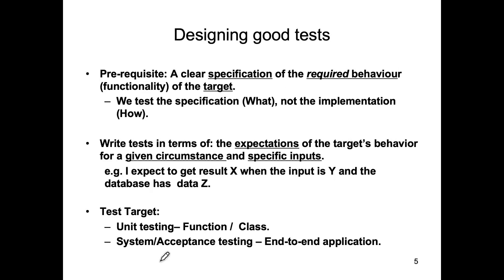So we actually have to design and implement our tests in code. And so how do we know whether our tests are well designed or whether they're complete or not? Well, the first point I want to make here is that the starting point for any testing is you have a clear specification for the piece of application code.